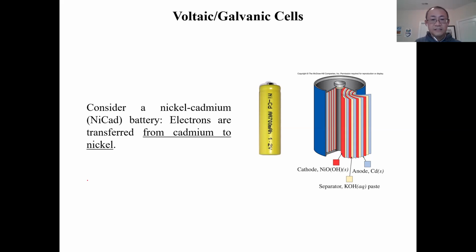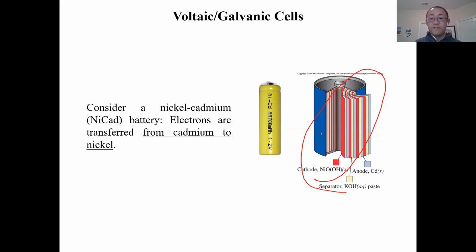If you take a look at a nickel cadmium battery, you'll find out the battery is composed of layers of nickel and cadmium metals. Of course, cadmium exists in layers of cadmium metal, but nickel actually exists as nickel oxide and hydroxide, basically existing as nickel ions.